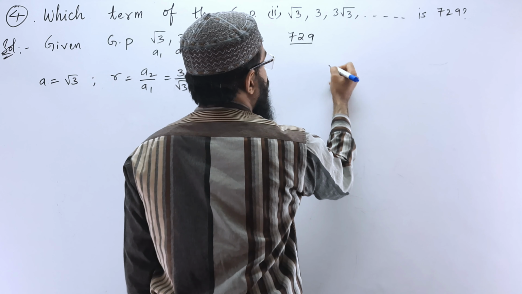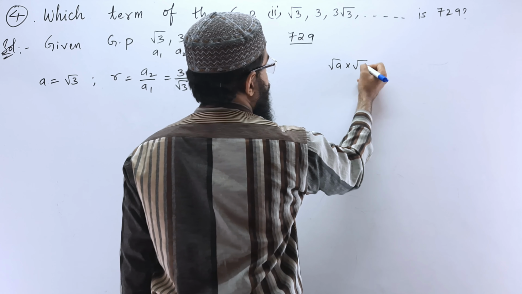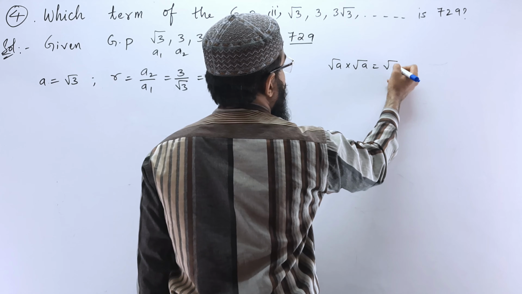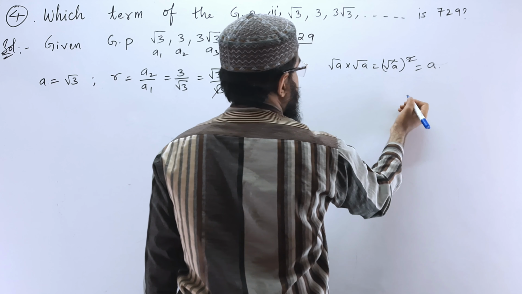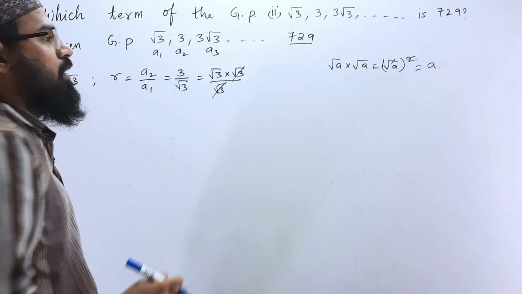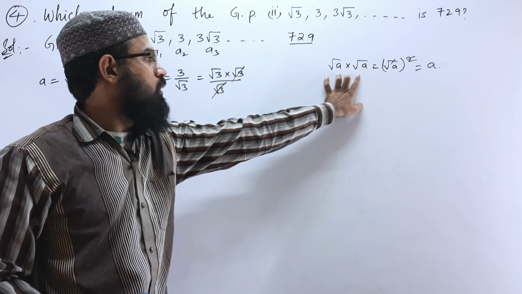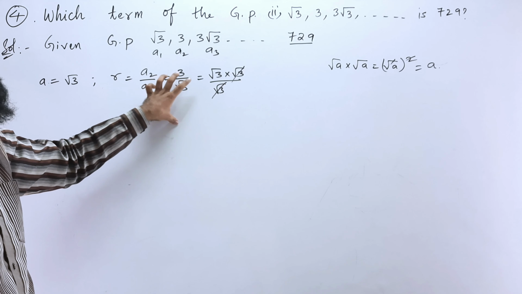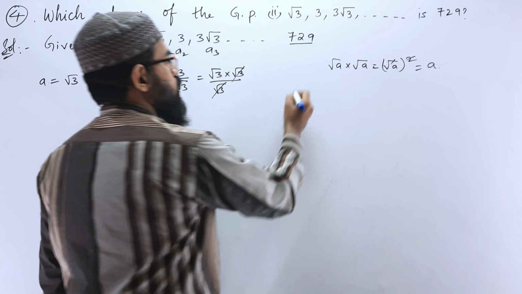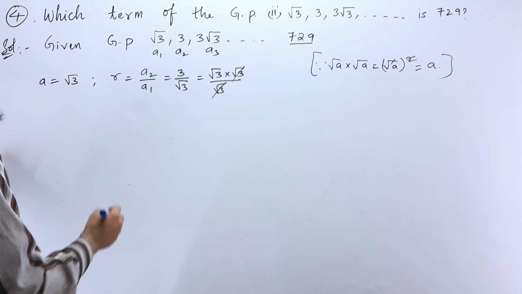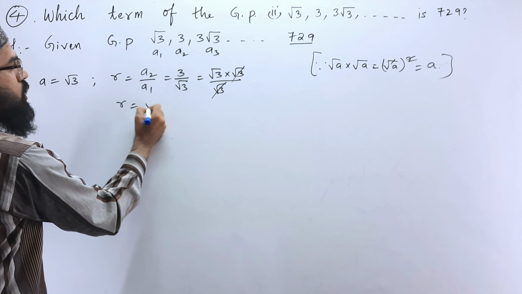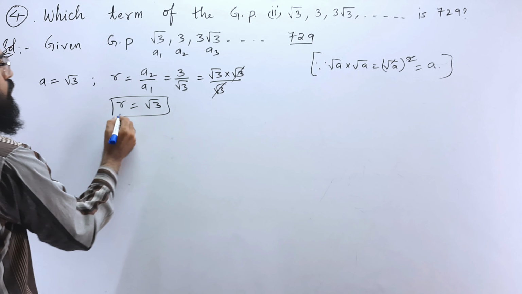Because root A into root A is equal to root A whole squared. Square and square root cancel, we get A. For A, we are writing root A into root A. Like the same, for 3, we are writing root 3 into root 3. So common ratio R is equal to root 3.